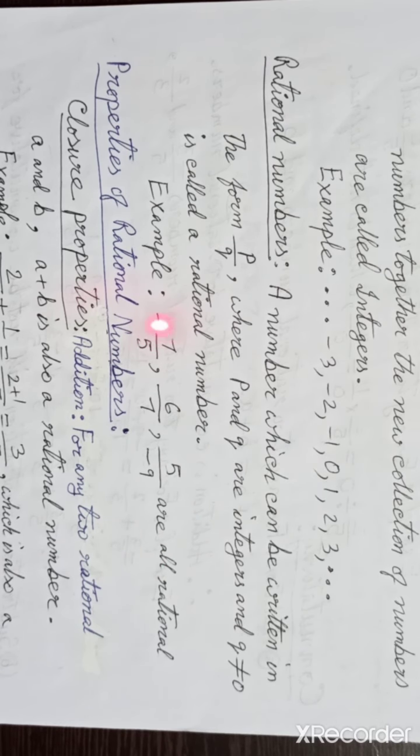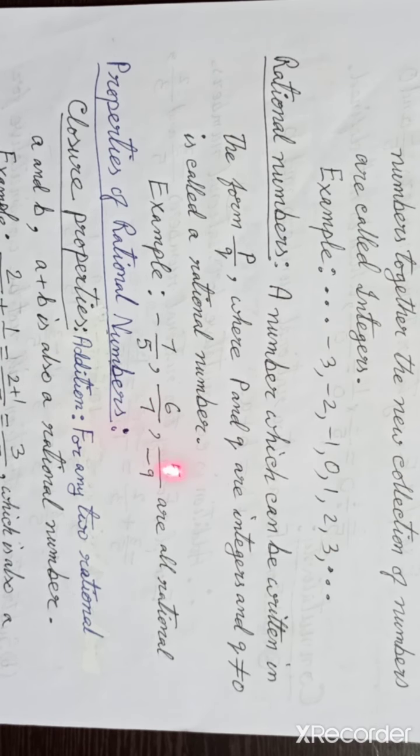Here in -7 by 5, -7 is an integer, 5 is an integer, so -7 by 5 is a rational number. In the second case, 6 by 7: 6 is an integer, 7 is an integer, so 6 by 7 is in the form of p by q, so 6 by 7 is a rational number.